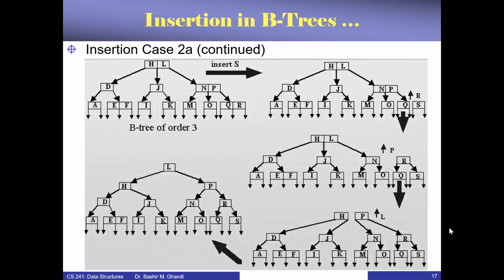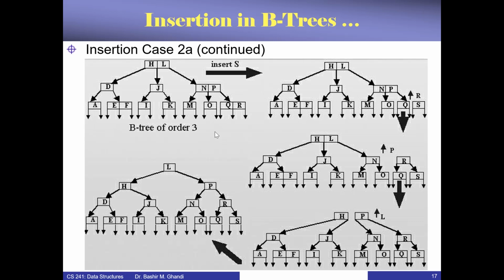Okay, this is another example, this time using letters, and here the B tree is of order 3. So order 3, you have to be careful. The maximum number of keys is 2. The minimum in this case doesn't matter between root and the other nodes, because ceiling of 3/2 is actually 2.